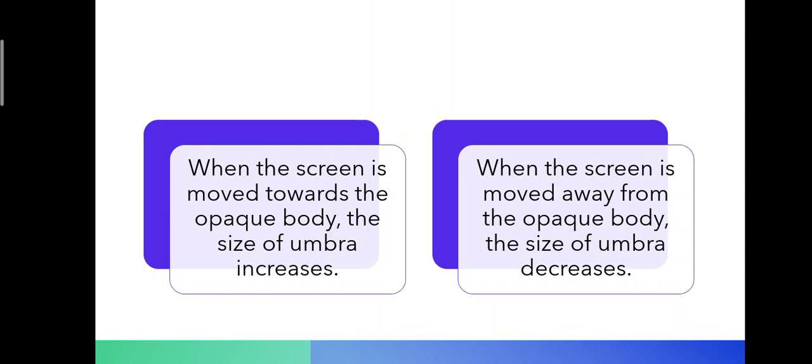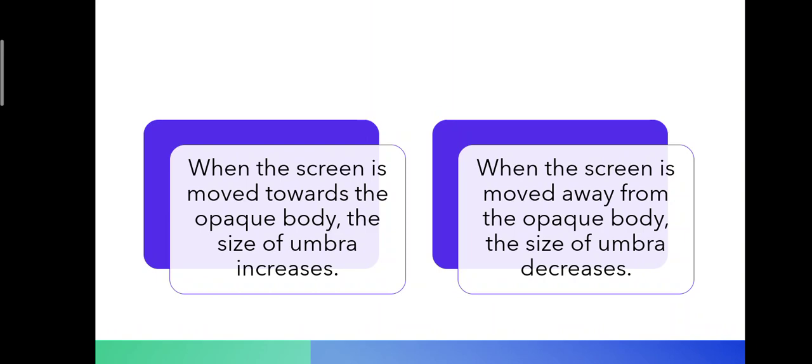The first point is that when the screen is moved towards the opaque body, the size of the umbra increases. We need light, an opaque body, and a screen.